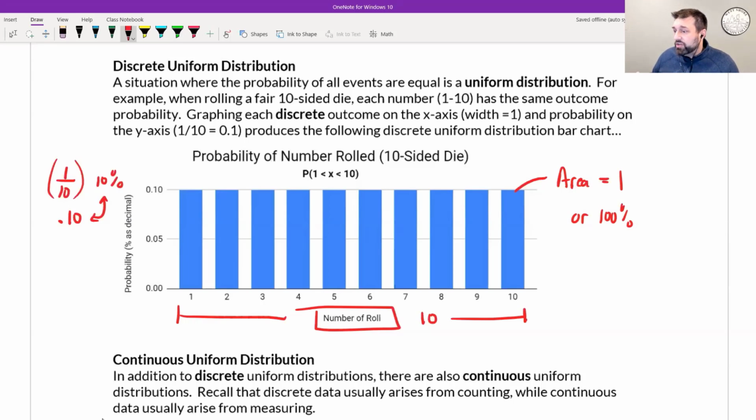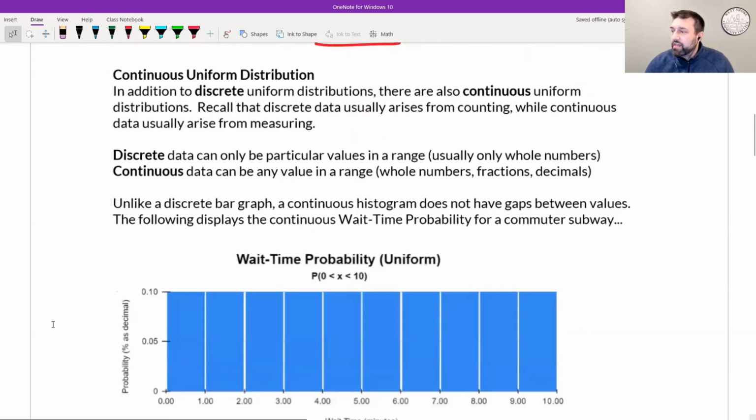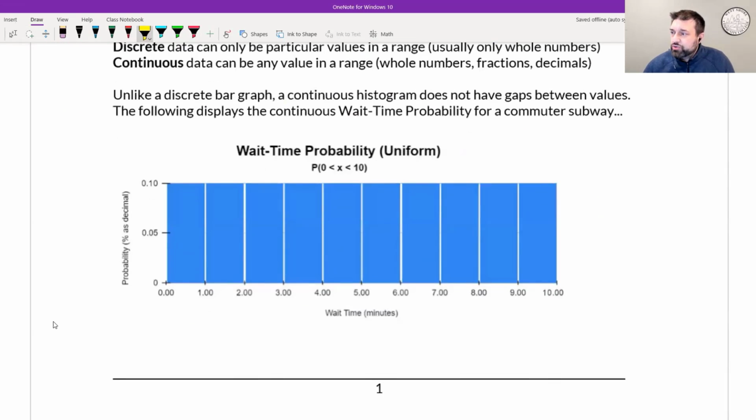So instead of looking at dice rolls where you have discrete outcomes, let's look at another situation that is continuous. This situation is the wait time probability. Let's say you're in the big city and the subway arrives every 10 minutes. You arrive to the subway platform. How long do you have to wait until the subway arrives?